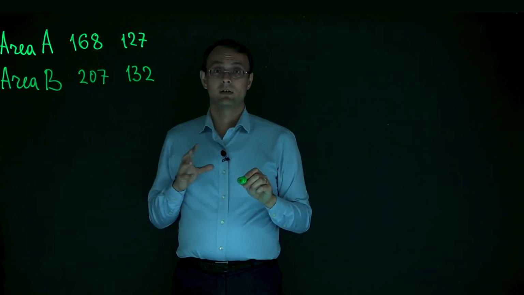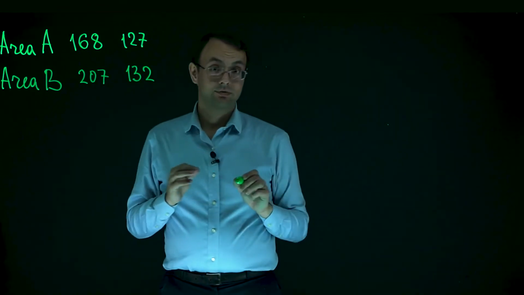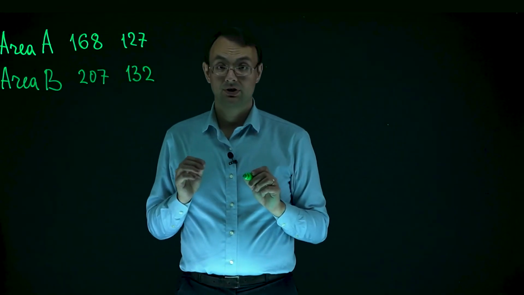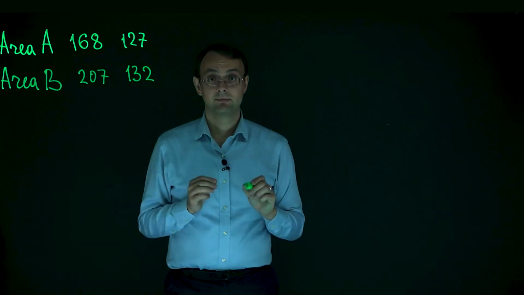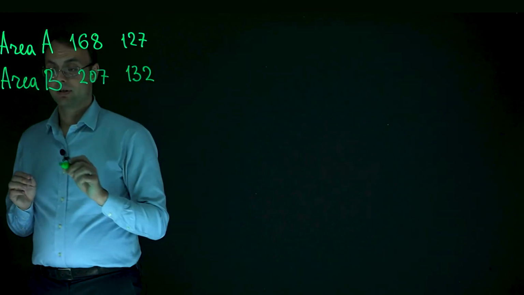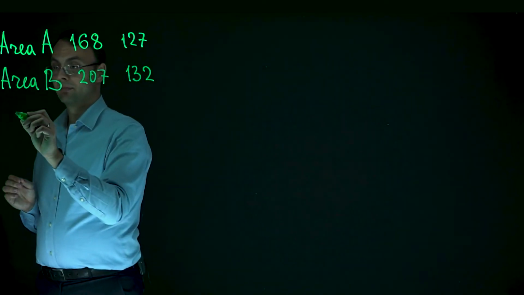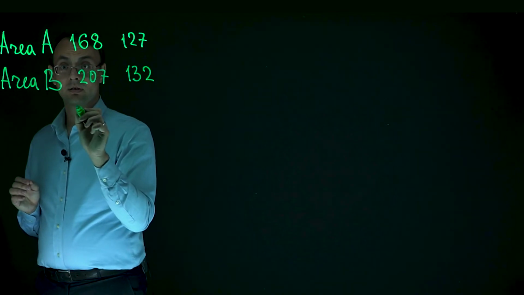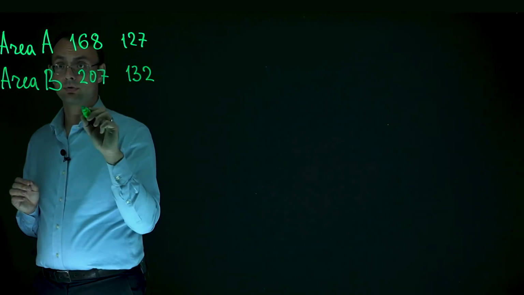We are asked to find a 95% confidence interval for the difference of two proportions.